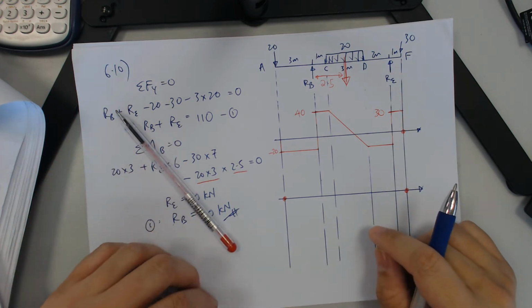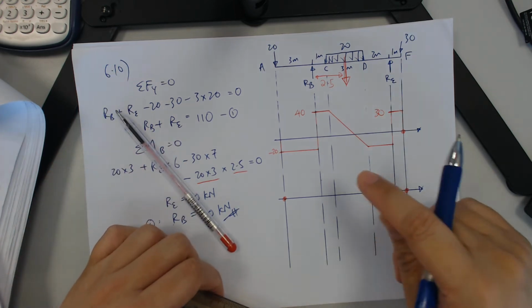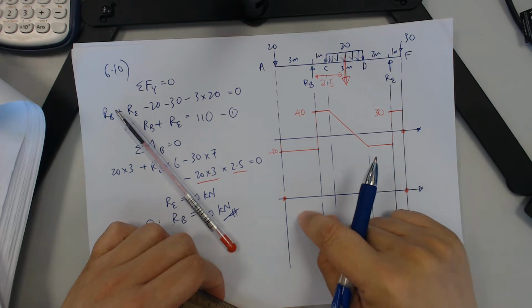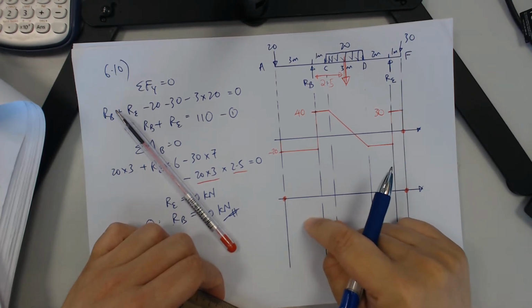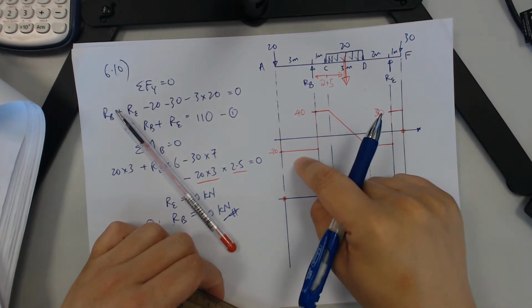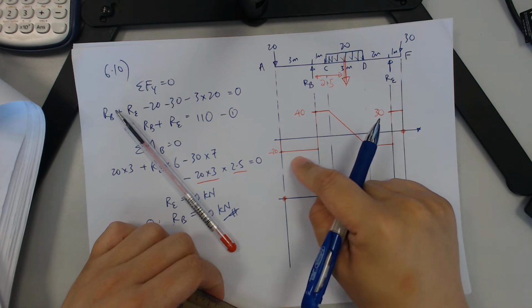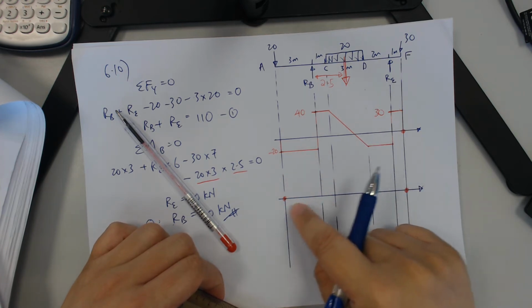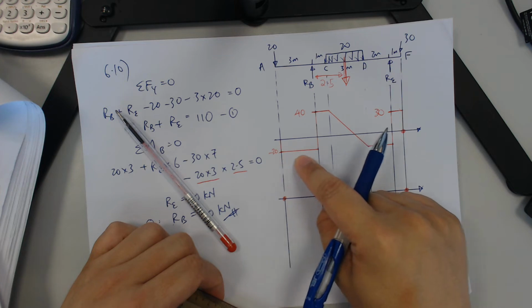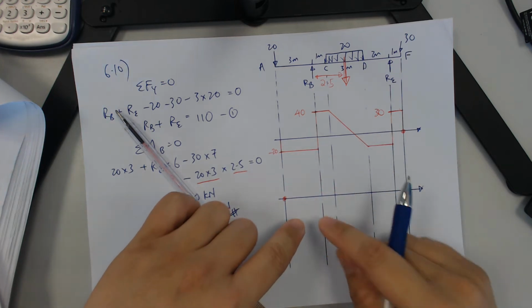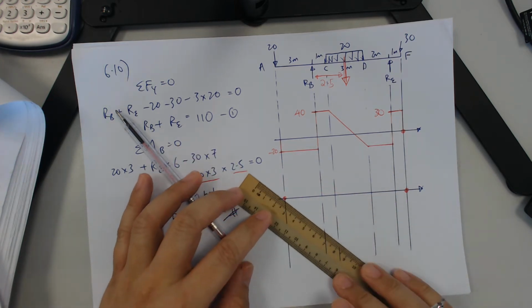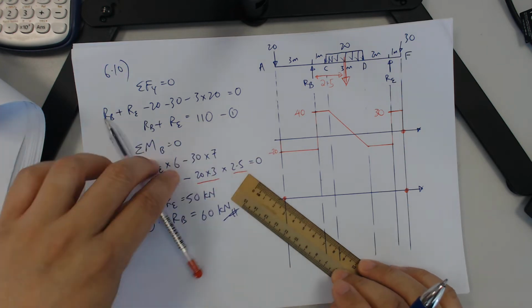And like I always say, the gradient of the bending moment line is the value of the shear force. Okay, so from A to B it's going to be a constant gradient of -20.